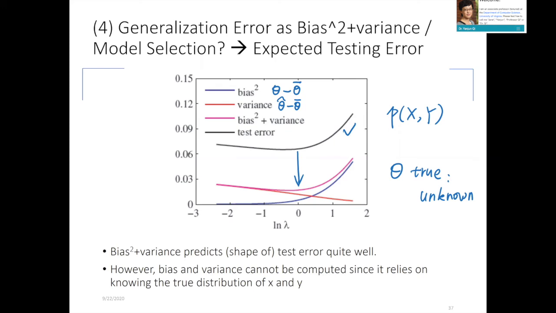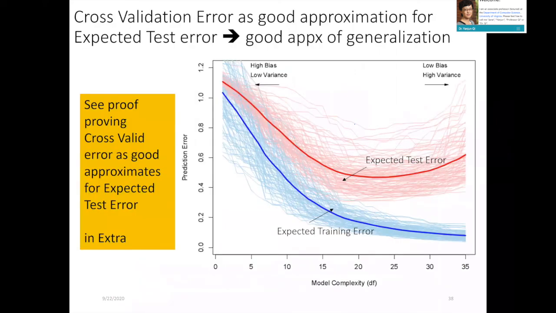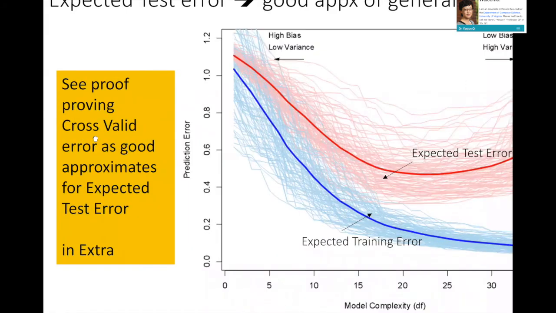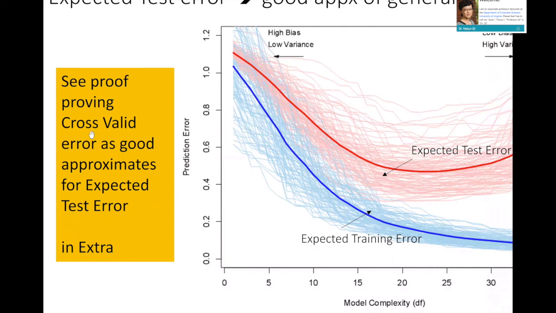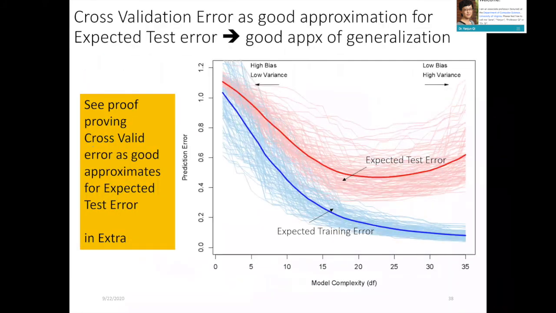I hope you start to understand the logic of why it's a good thing to use this pretend test case to guide us toward generalization. Theoretically, we can also prove that cross-validation error is a good approximation of generalization error.